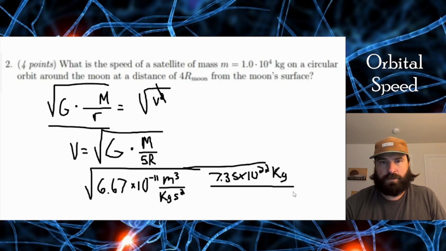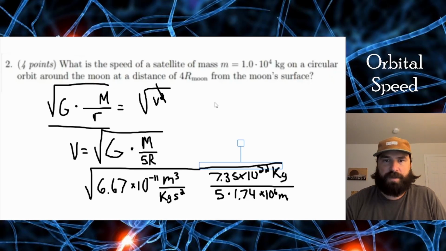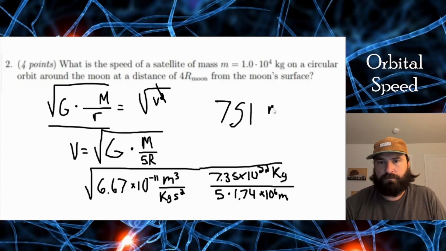It's a pretty big moon. And that's going to be divided by 5 times the moon's radius, which is 1.74 million meters. So 1.74 times 10 to the 6th meters. So when we do out all this math, we get a velocity of 751 meters per second.